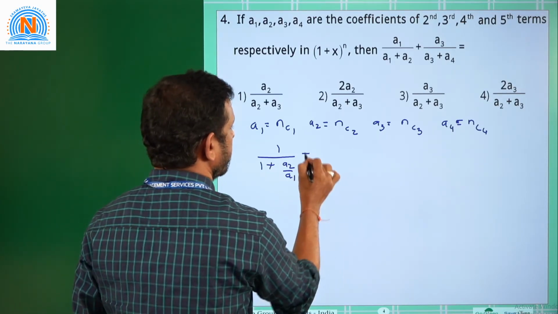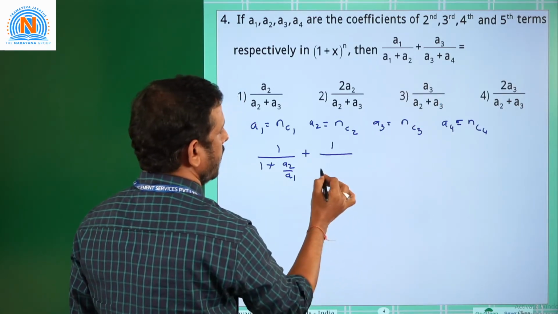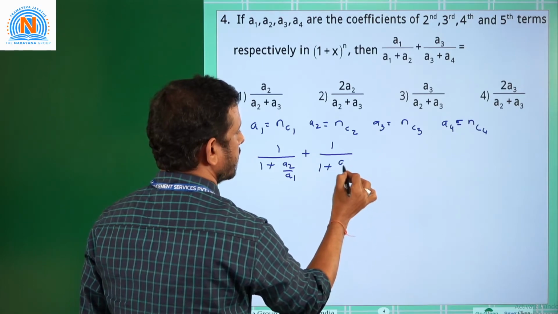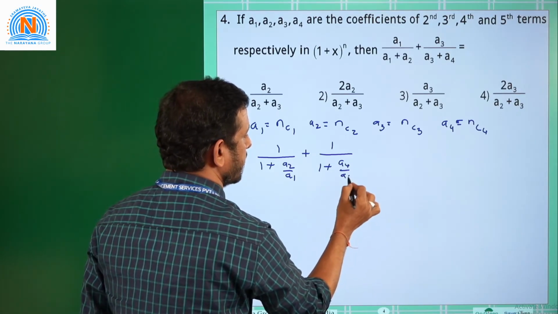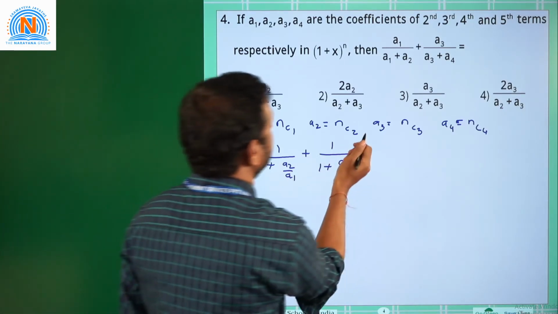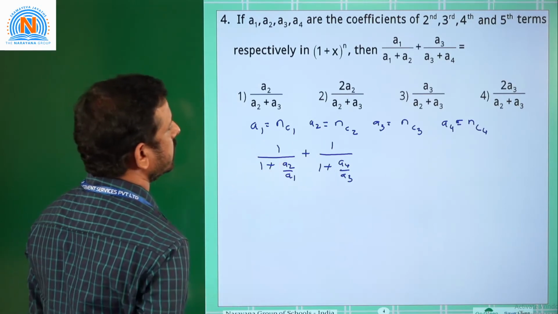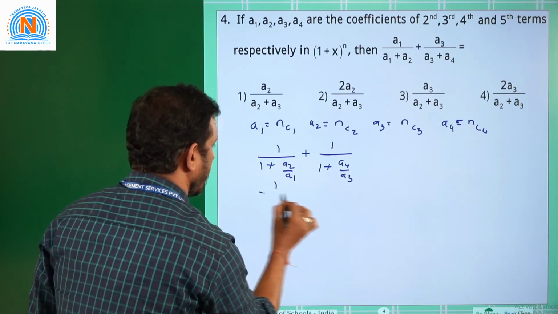Similarly, the second part, if I divide with A3, what I am going to get? 1 by 1 plus A4 by A3. Now what is the value of A2? A2 is equal to nC2, and A1 is equal to nC1.